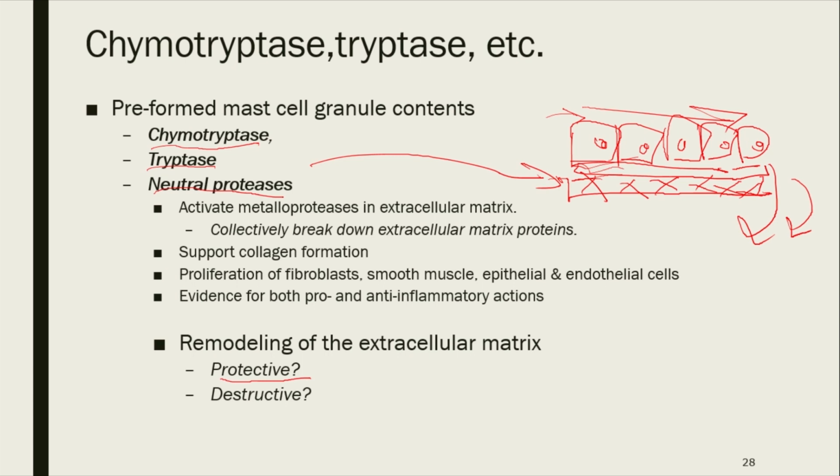But on the other hand, if this keeps happening chronically, with continuous destruction of extracellular matrices for a long time, it could be destructive because it leads to extra tissue damage. The matrix keeps degrading, cells keep dying, and they don't get a chance to recoup. This will eventually lead to some of the airway obstructions found in some asthma patients.